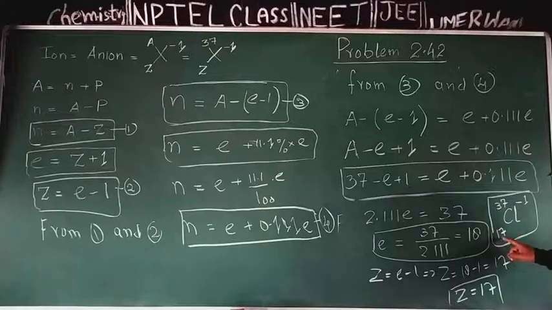In the nucleus of this ion there are 37 total nucleons, out of which 17 are protons, and 37 minus 17, which is equal to 20, will be neutrons. And the number of electrons for this ion will be 1 greater than the number of protons, and the number of neutrons will be 11.1% greater than the number of electrons, which was given in the question.